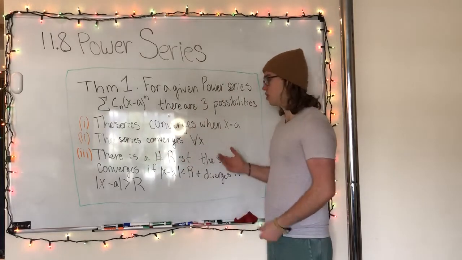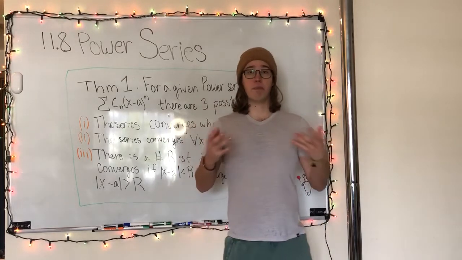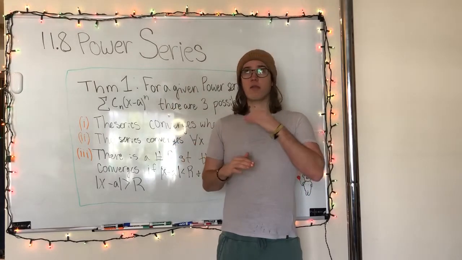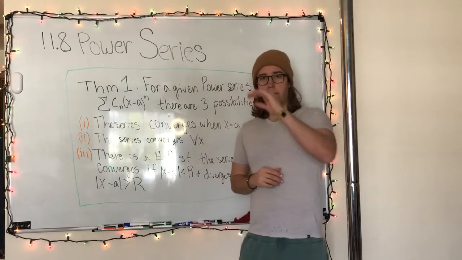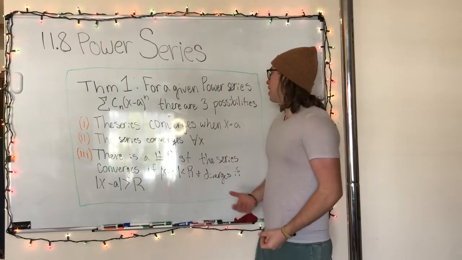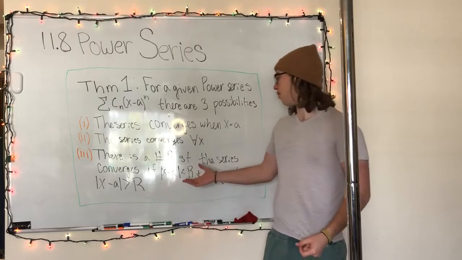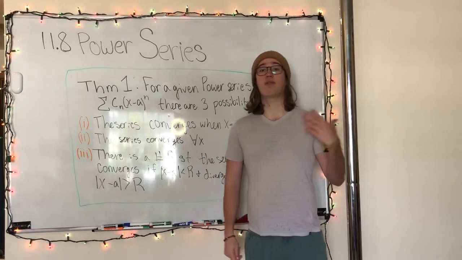Next, the series converges for all x. This may be the case when C sub n is a very small thing, or maybe a big thing in a denominator, so it's a small number, but the denominator gets huge. I don't know if that made sense to you guys. And then there is a number r such that the series converges if |x minus a| is less than r, and diverges if |x minus a| is greater than r.